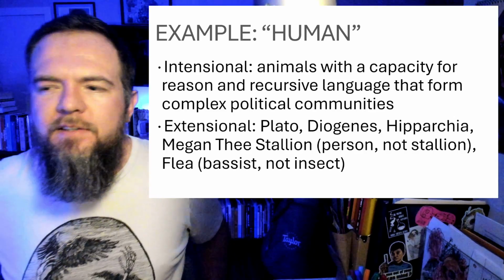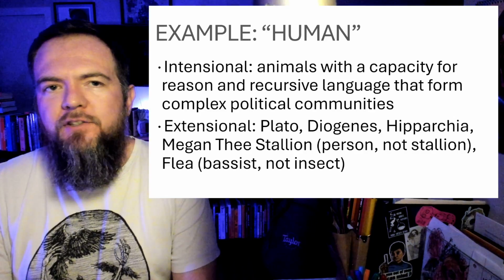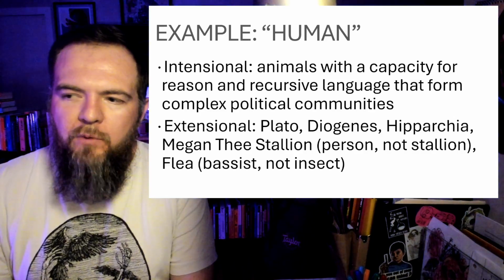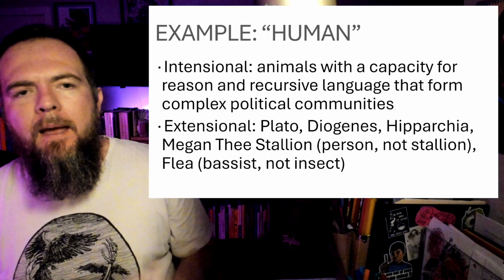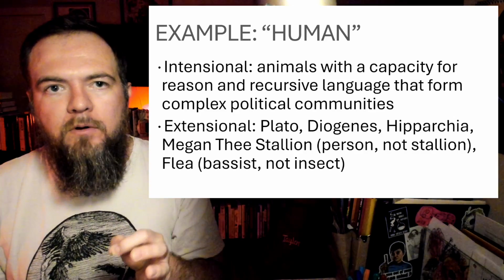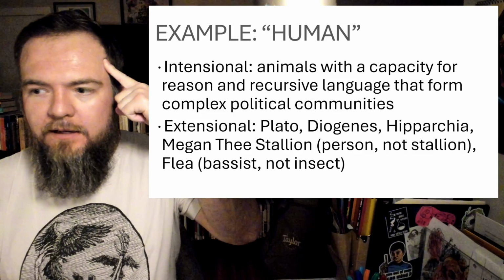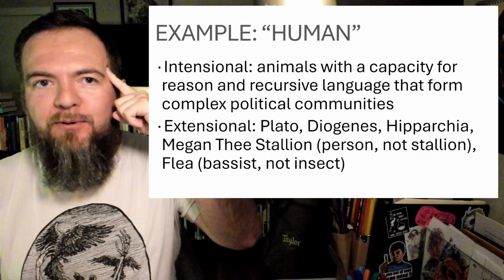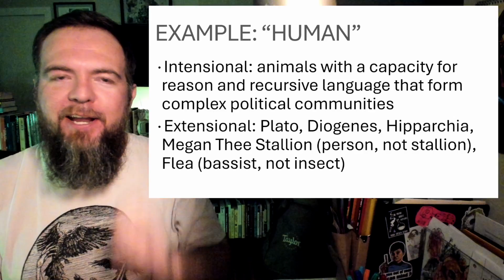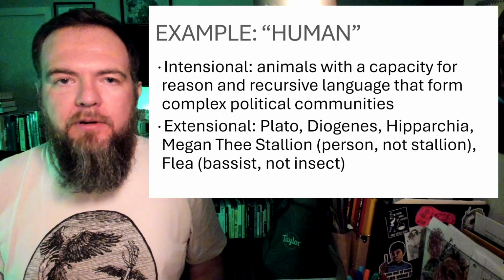I think that this is a very Aristotelian definition, although not so succinctly stated anywhere. But maybe what we mean whenever we mean human are animals, right? With the capacity for reason, we can think, and recursive language, that form complex political communities.